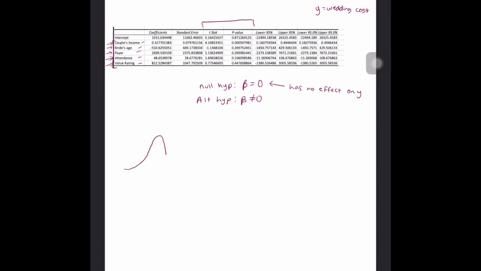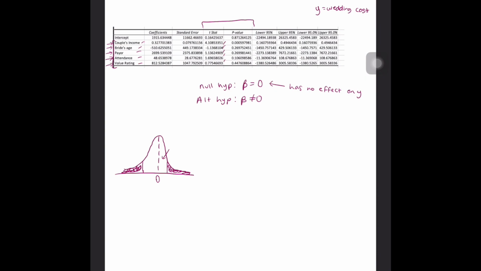And again, we have our normal distribution, which is based on the idea of if we ran a whole bunch of samples again that were identical to this one and documented the T-stat value, our null hypothesis would be that the average or the mean of this distribution is 0. And we want to figure out with each of these t statistics if it falls in the rejection region or if it falls in the fail to reject region.